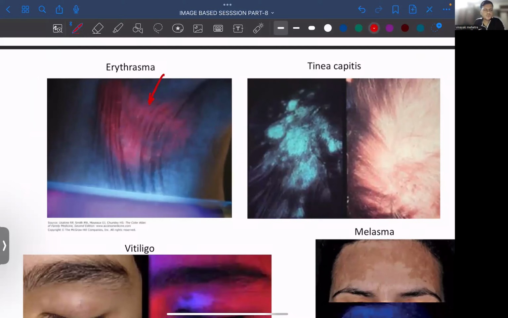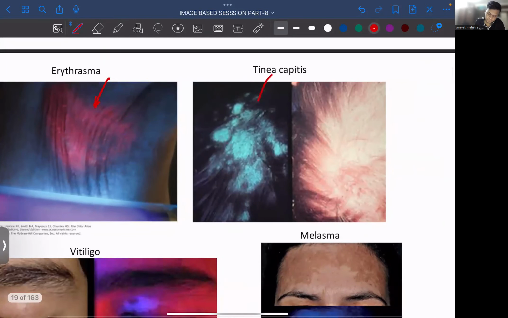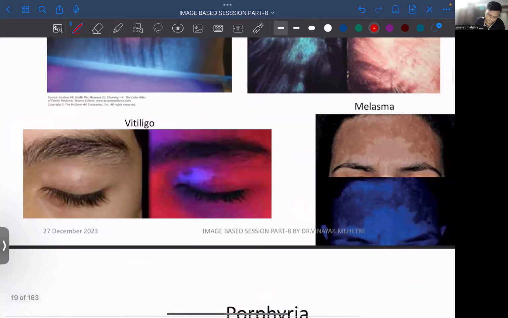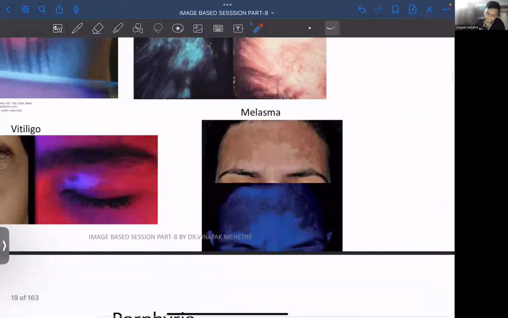This is called coral red, seen in erythrasma. Green, seen in tinea capitis, right? We cannot appreciate the white patch over here, but you know a white patch is there. So if you put Wood's lamp over here, it will be white. Melasma has black color.